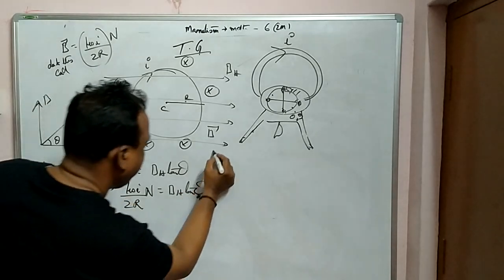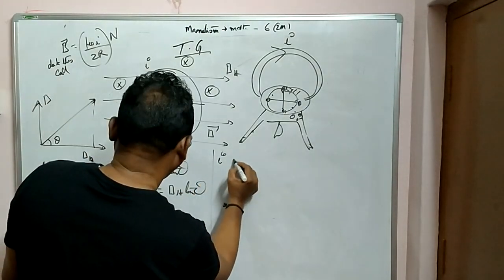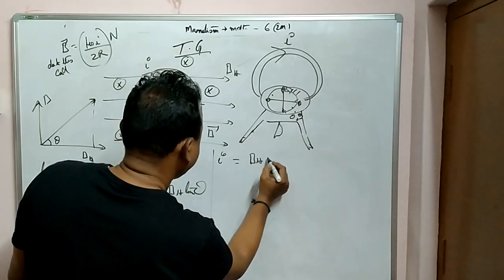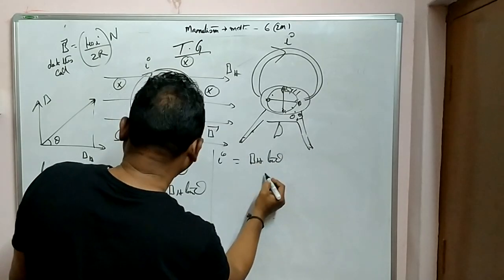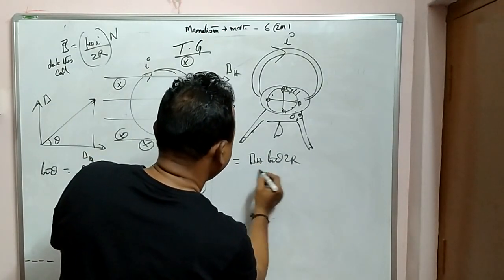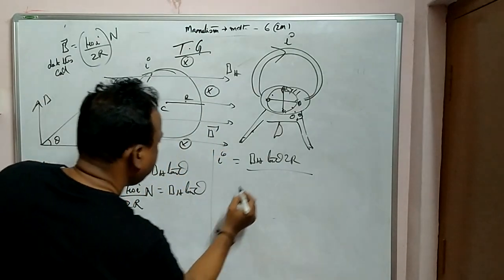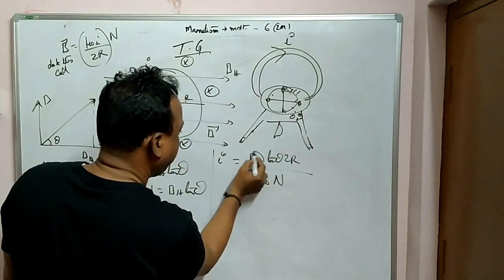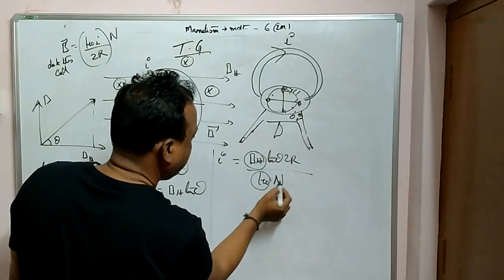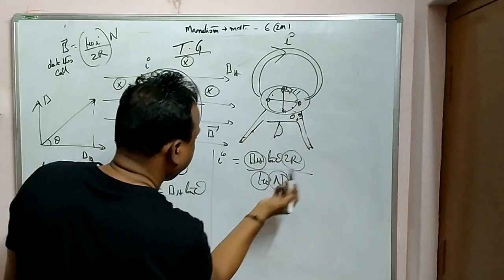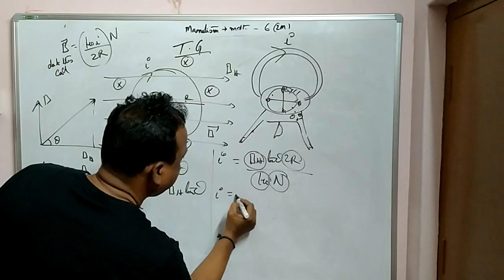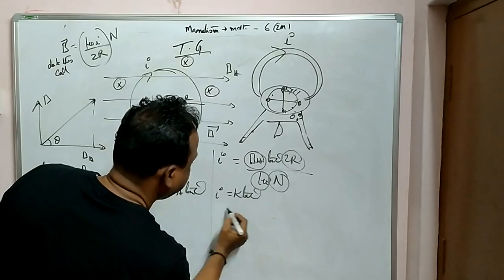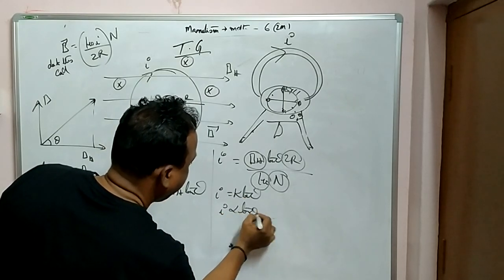From this, I is equal to BH tan theta multiplied by 2R, divided by mu naught N. If you observe carefully, BH, mu naught, N, 2 are all constants. Therefore, I is equal to K into tan theta, or I is proportional to tan theta.